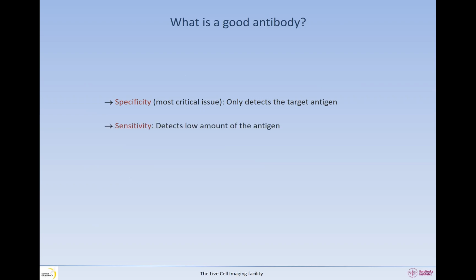It should be sensitive. It should detect low amounts of the antigen, and it should have high reproducibility. So basically, it should show the same level of specificity and sensitivity across batches and time.